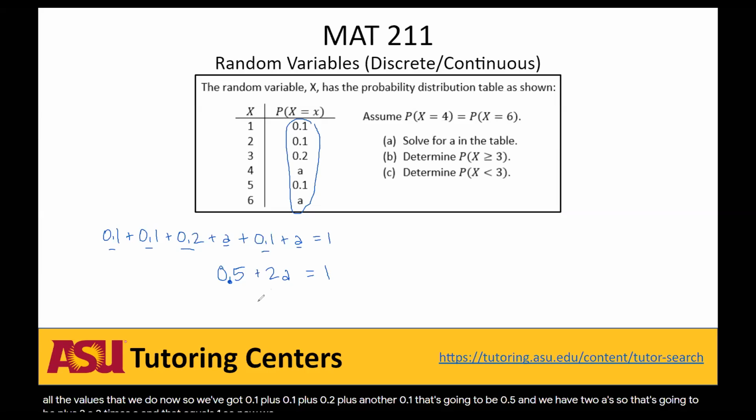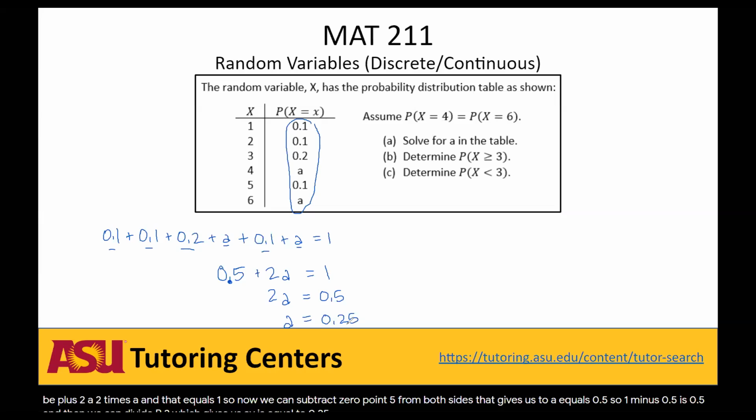So now we can subtract 0.5 from both sides. That gives us 2A equals 0.5, since 1 minus 0.5 is 0.5. And then we can divide out our 2, which gives us A is equal to 0.25. So let's write that up here: A equals 0.25. That's the first part of our problem.